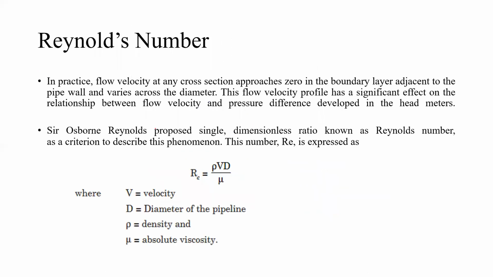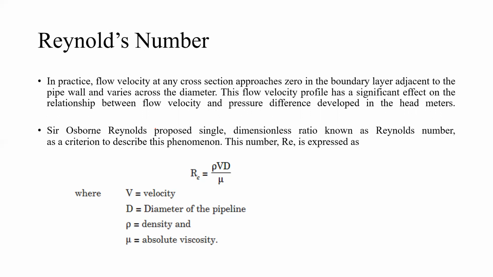In practice, flow velocity at any cross-section approaches zero in the boundary layer adjacent to the pipe wall and varies across the diameter. The flow velocity profile has a significant effect on the relationship between the flow velocity and pressure difference developed in the head meters.